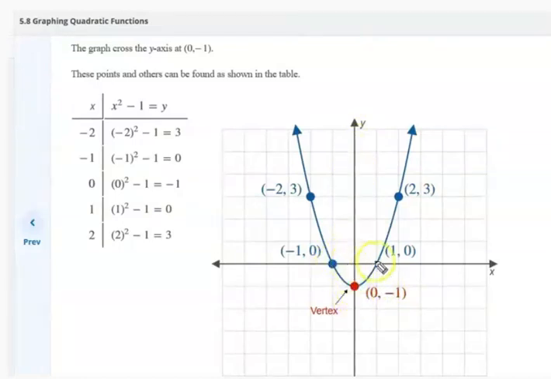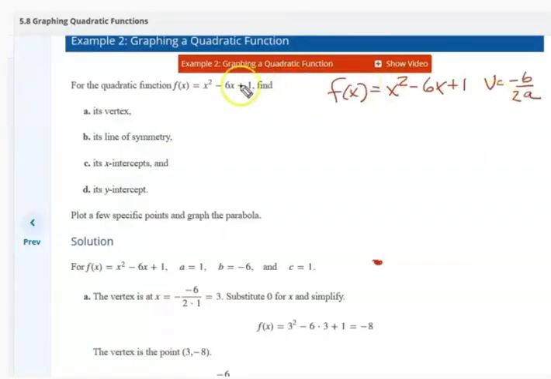And then these are the zeros, this ordered pair and this ordered pair. Now they found some others, so we get a general shape of the graph, and you'll be doing that. There is a graphing tool in the software where you pick a parabola, not a straight line, and then plot and shift it and move it and put the points in. You'll have to get some hands-on experience of that. Okay, example 1 done.